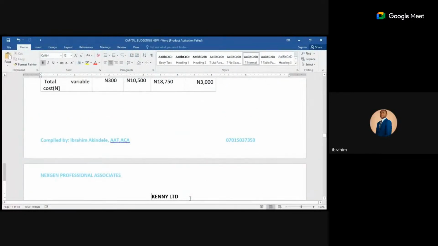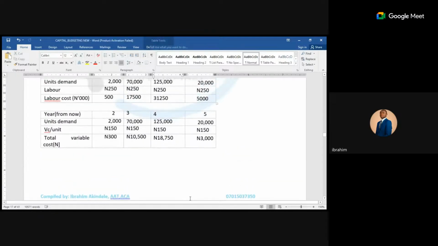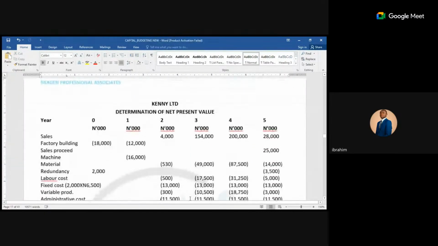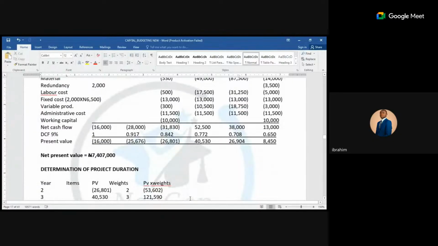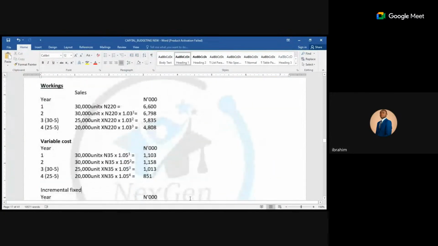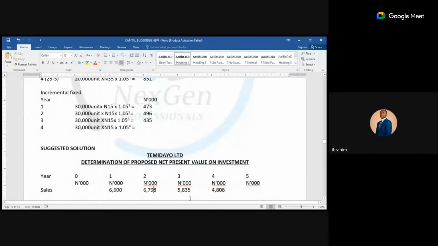Is this the question that we did on fixed cost? Yes. So we just multiply and inflate it. So what do we have here? This is correct, right? What do you have here? This is not correct. 521. 521. Next. What do you have here? 547. 547.